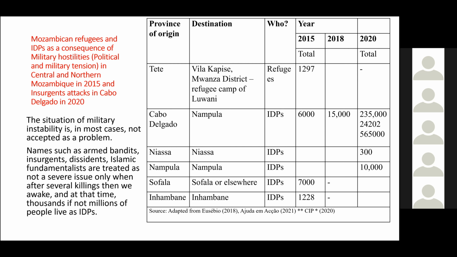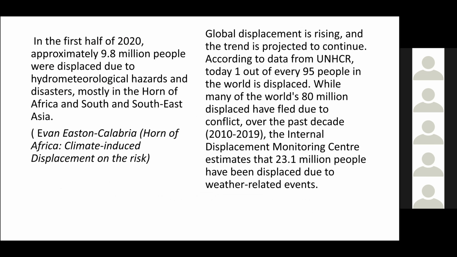Before I move on, let us think of this. I got this from Ivan Easton Calabria, a paper on the Horn of Africa about climate-induced displacement risk.